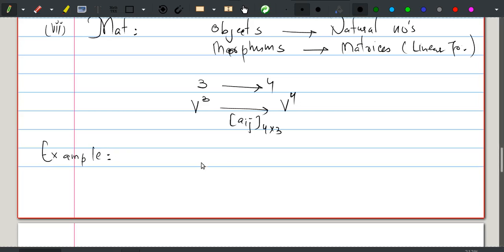So one can view a partially ordered set. By a poset we mean a set on which we have a partial order, i.e. an order which is reflexive, anti-symmetric and transitive. So a poset, say S with this order, can be viewed as a category.